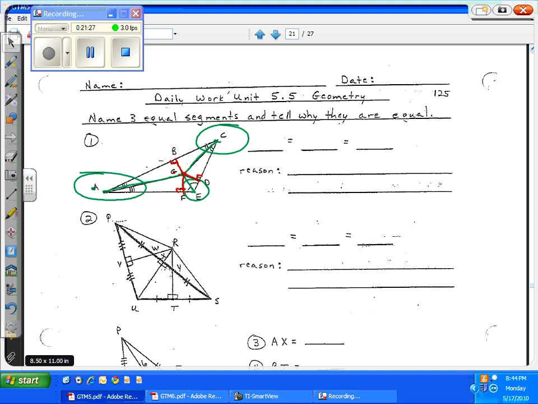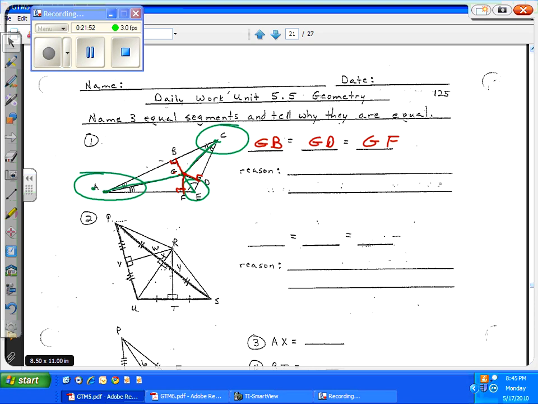So we conclude that GB, if we go from the center, is equal to GD, which is equal to GF.